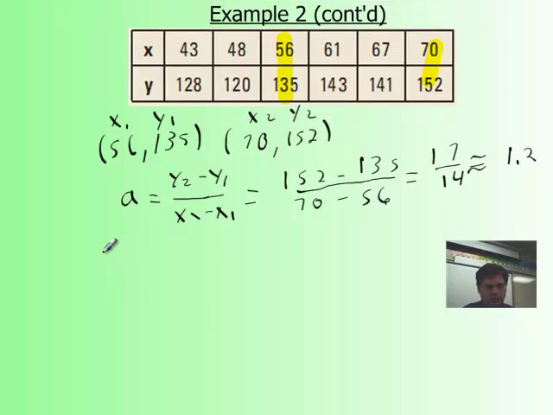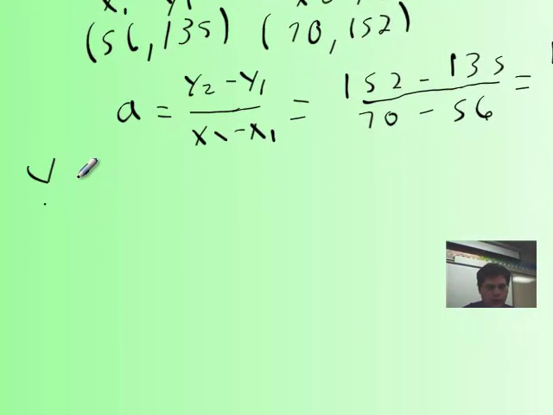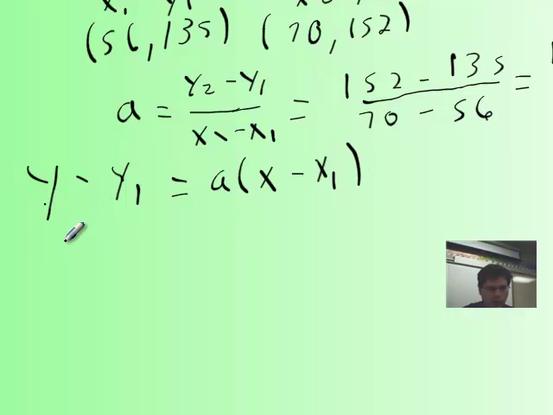Now we're going to use the point slope form, y minus y sub 1 is equal to a times x minus x sub 1. I'm going to go ahead and use the 56 and 135.